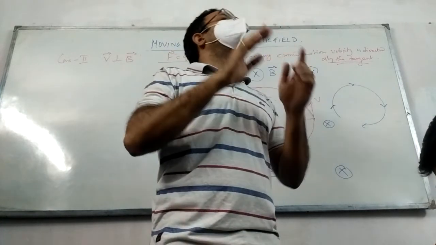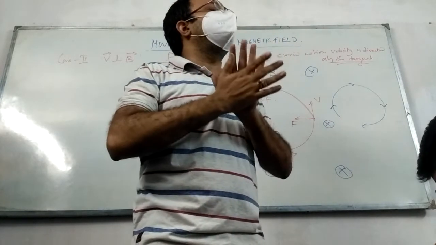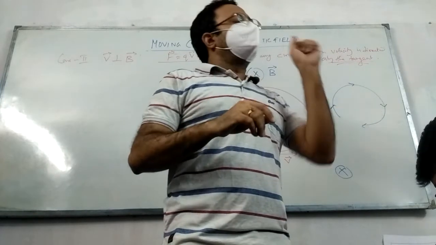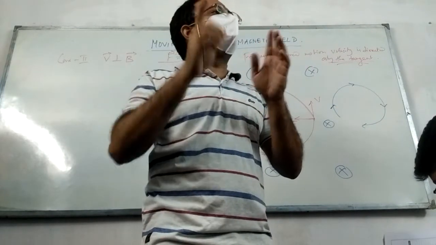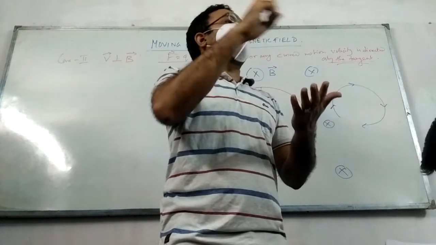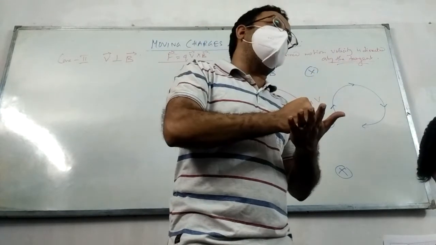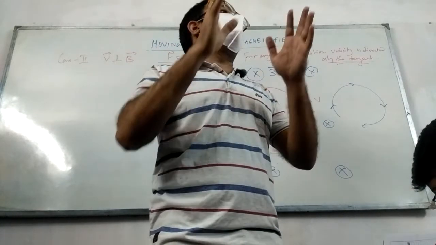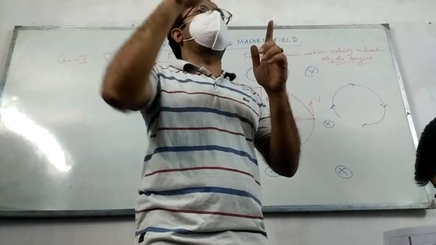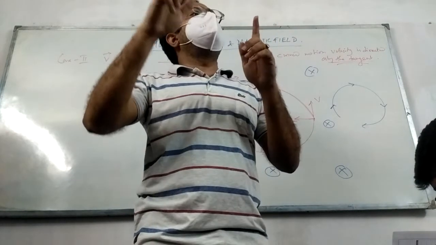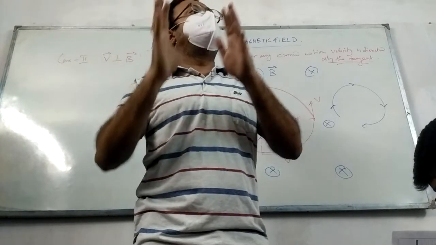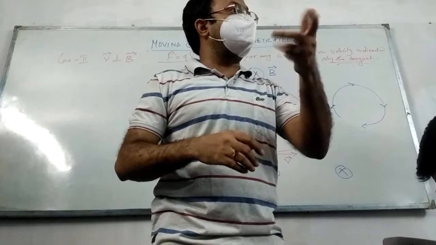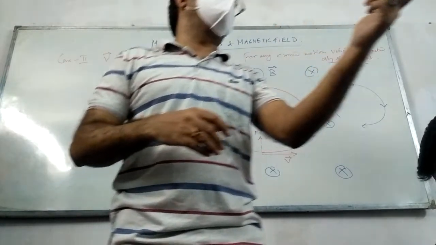तो ये दो सिचुएशंस हम लोगों को सोचने में मजबूर किया कि ये जो फोर्स एक्ट कर रहा है, this force is directed somehow perpendicular to the velocity. नहीं तो वो सर्कुलर मोशन नहीं होगा, ठीक है? तो ये एक क्लू मिला हम लोगों को कि वो वेलोसिटी के ऊपर डिपेंड करता है. सेकंड, ऑब्वियसली वो चार्ज का मैग्नीट्यूड के ऊपर भी डिपेंड करता है, और वो वेलोसिटी से परपेंडिकुलर होता है. तभी हम लोगों को लगा कि F is directly proportional to q and v, and it is perpendicular to v, means somehow there has to be a product which is giving a cross product. मतलब cross product है, इसीलिए F is becoming perpendicular to v.